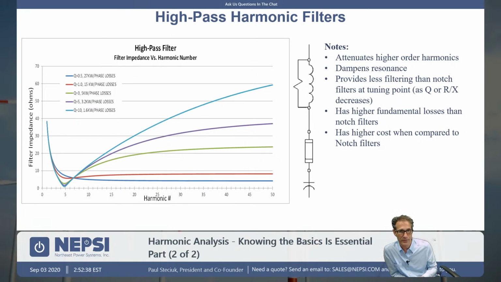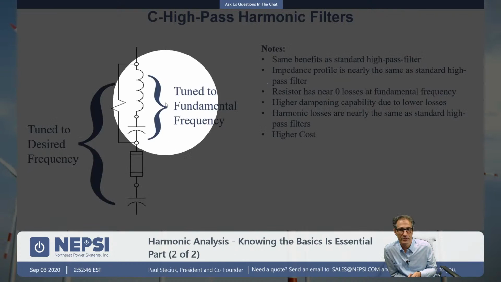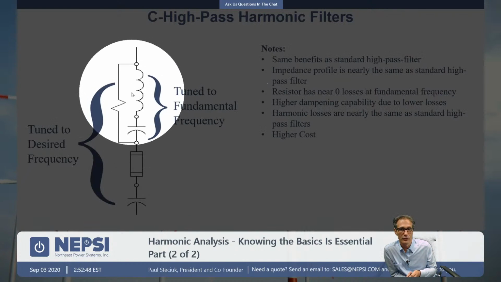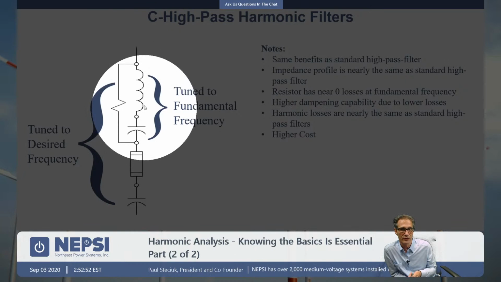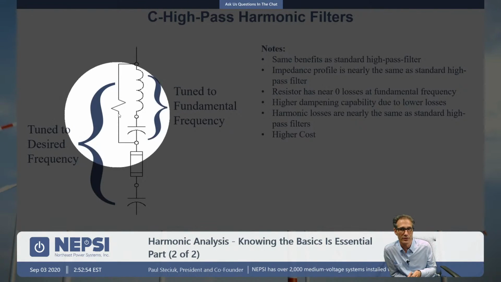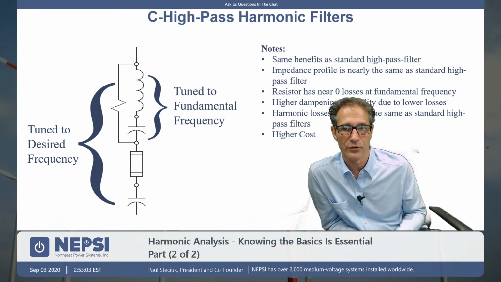So if you go to this type of filter, it's still a high-pass filter, but at the fundamental, we've tuned X of C and X of L together to 50 or 60 hertz, the fundamental frequency, and the result is 0 volts across the resistor, which means I have no fundamental losses. So I am able to get a super damped filter with no losses.